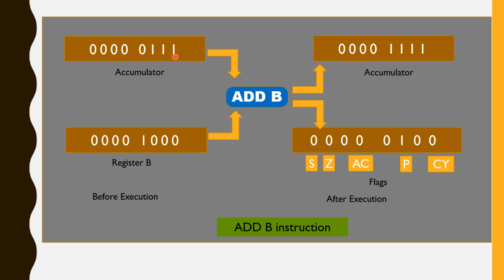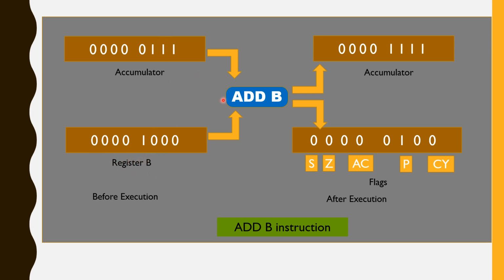So the accumulator contents and register B contents are added bit by bit. The accumulator is 8 bit, that is 1 byte. In 8085, the accumulator size is always 8 bit, and registers are also 8 bit. So 8 bit plus 8 bit.